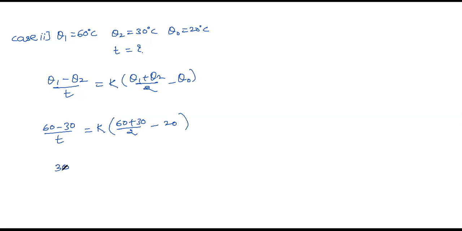So this is 30, 60 minus 30 is 30 by t is equal to k into 60 plus 30, 90 by 2 means again 45, right? So this is 45 minus 20. So this is 30 by t is equal to k into 45 minus 20 is 25.